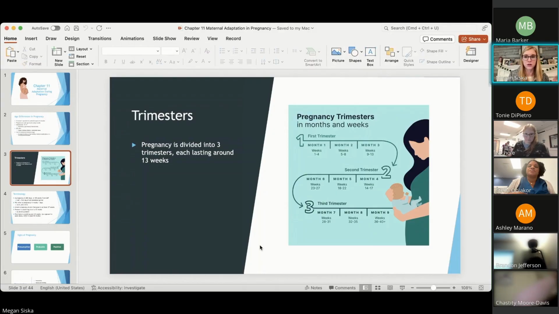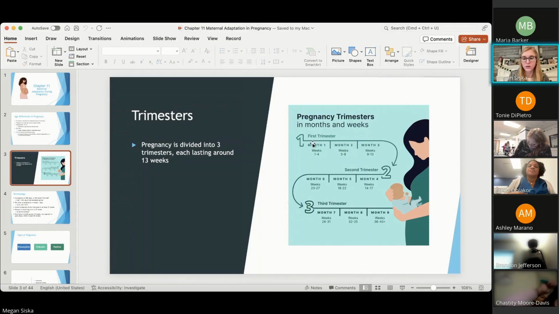Usually the first 12-ish weeks, so 12, 13, 14 weeks of pregnancy, is your first trimester. And then you go into your second trimester, so anywhere from around 13-ish to 28 weeks is your second trimester. And then anything after 28 weeks, you're in your third trimester.